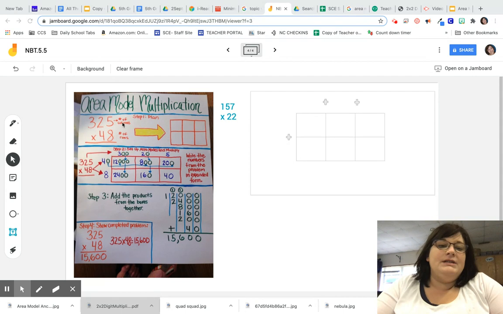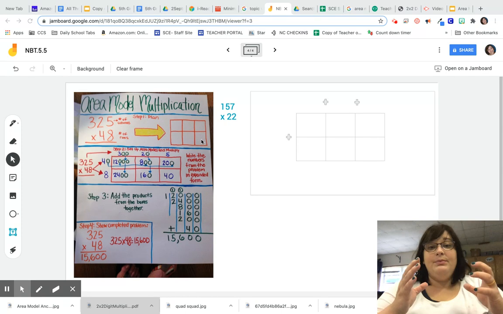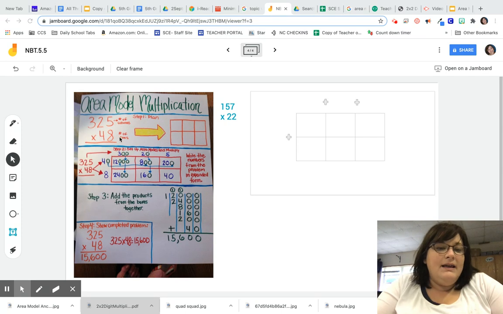So on the first digit, you take the number of columns. Here's 1, 2, 3. There are 3 digits, so there will be 3 columns, just like a place value chart. And then for the second number, you will make the number of rows. So we have 1, 2 rows.